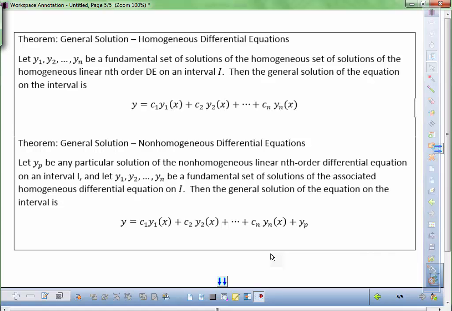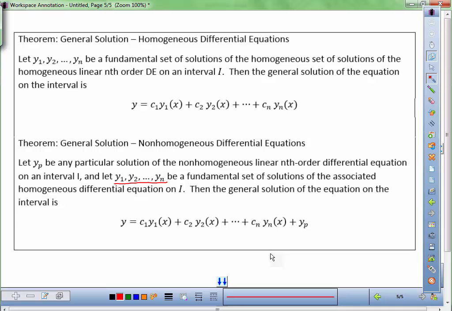Now, for a non-homogeneous differential equation, you need to do one extra thing. It's basically going to be the same work as the homogeneous part. You're going to get the fundamental solutions for the homogeneous differential equation, which is n, however many there are.